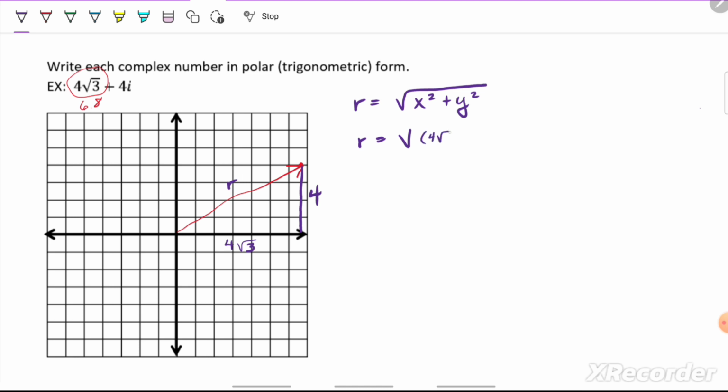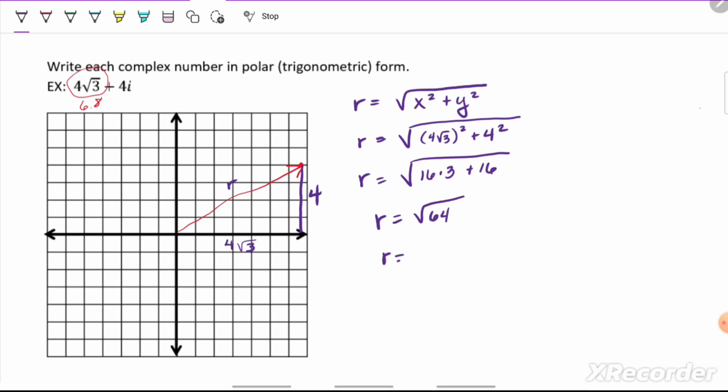So 4 square root of 3 squared plus 4 squared. Take the square root of that. Here we'll square the 4 and the square root of 3. We get r to be the square root of 64, which is 8. That's a nice number.